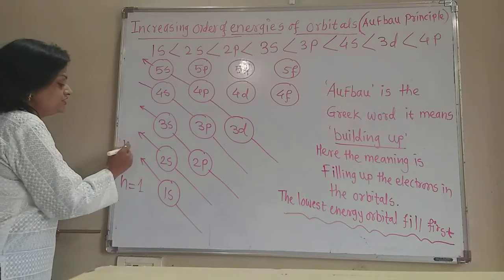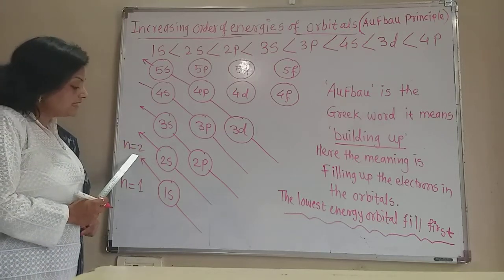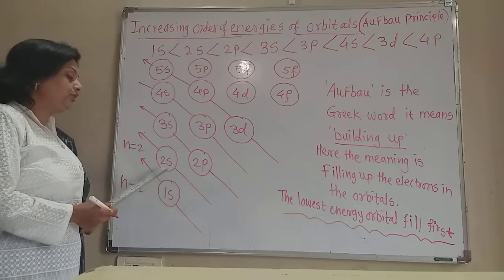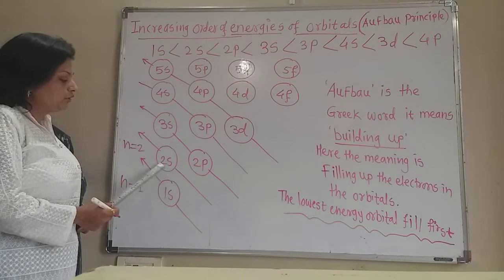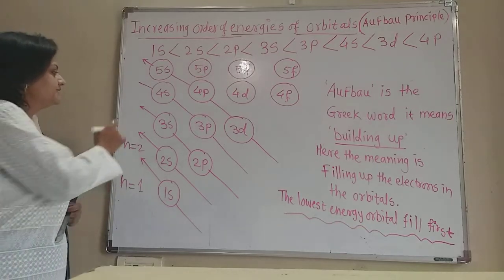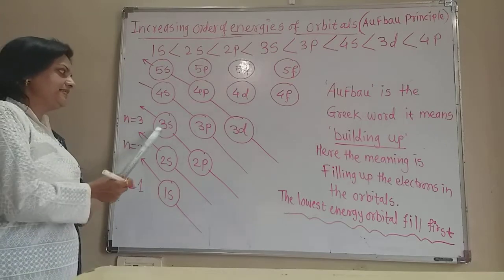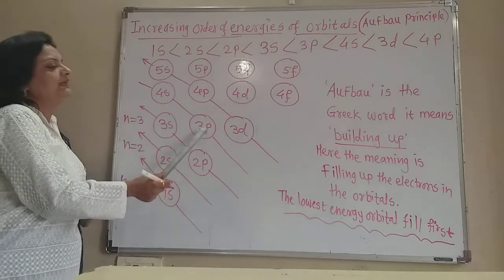Now this is n is equal to 2, the second main shell, which contains two subshells, 2s and 2p. This is n is equal to 3, it contains 3 subshells, 3s, 3p and 3d.